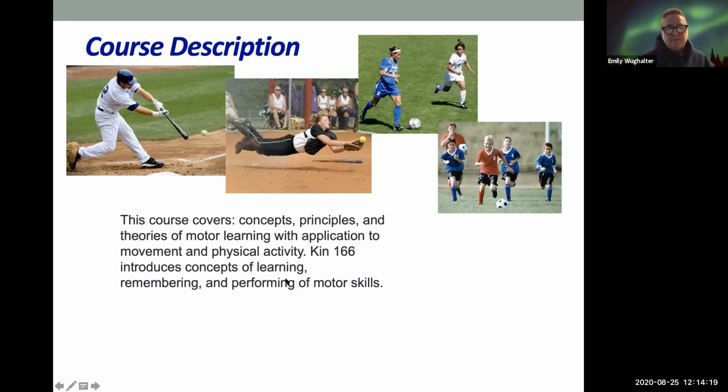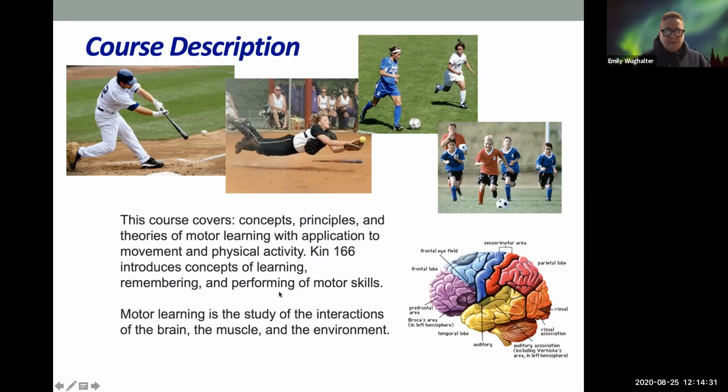Don't worry about those definitions right this second, because certainly you will be writing down and learning exactly what each of those means throughout our class. And motor learning includes the interaction of the brain, muscles, and also the environment. A lot of times when people think about movement or physical activity, they forget about how the environment interacts with us, or how we have to interact with the environment.